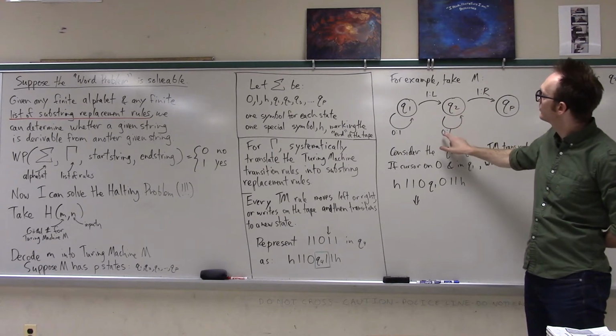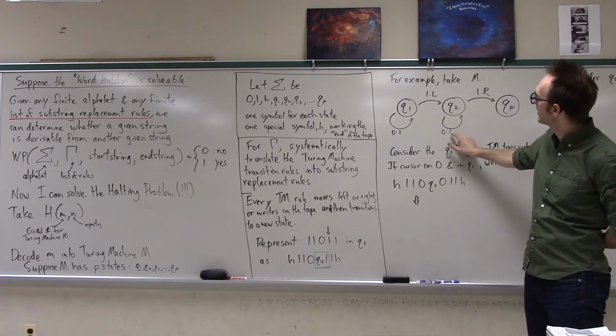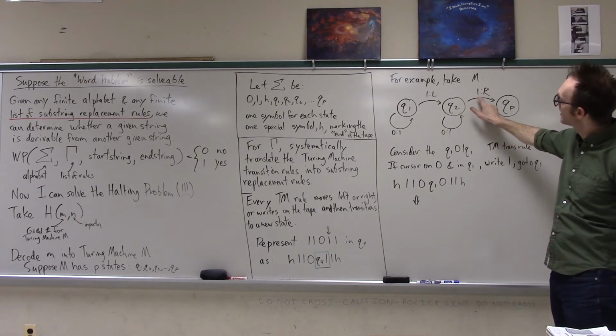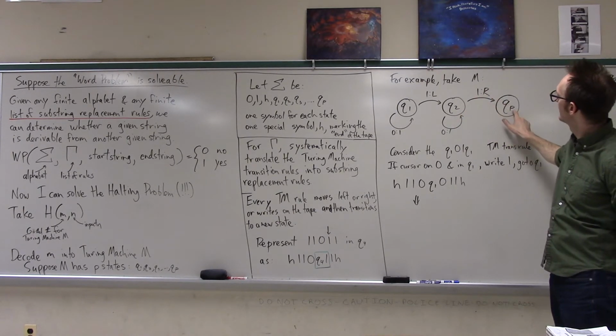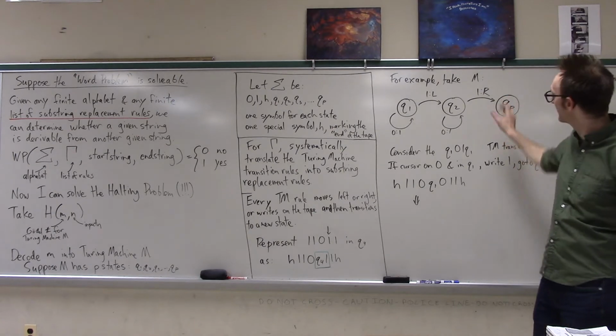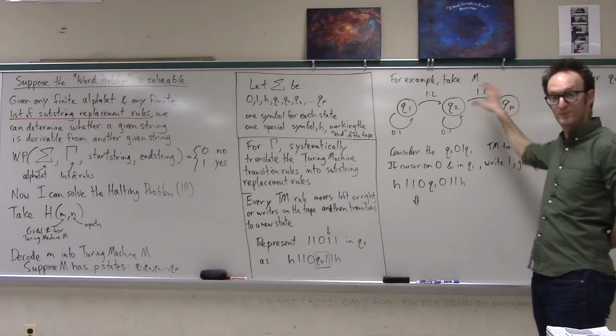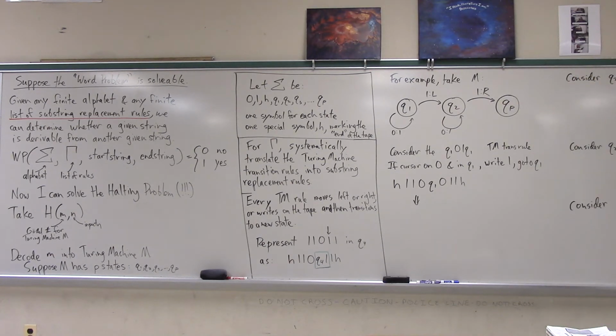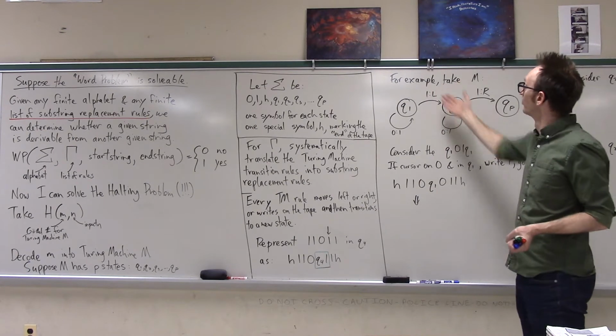If I'm in state Q2 and I read a 0, I write a 1 and I go back to state Q2. If I'm in state Q2 and I read a 1, I move right and I go to what would be Q3, but I'm going to write it as QP because it's the P state, the final state, the halt state, for which there are no directions. So this machine has 4 rules.